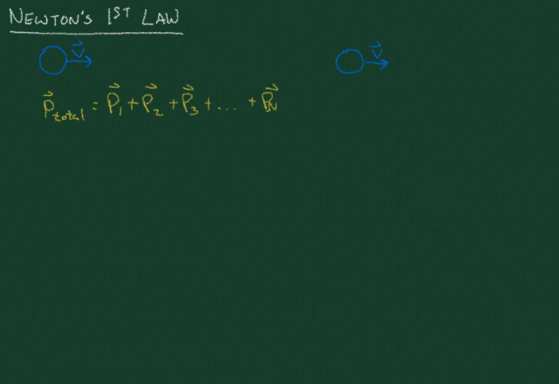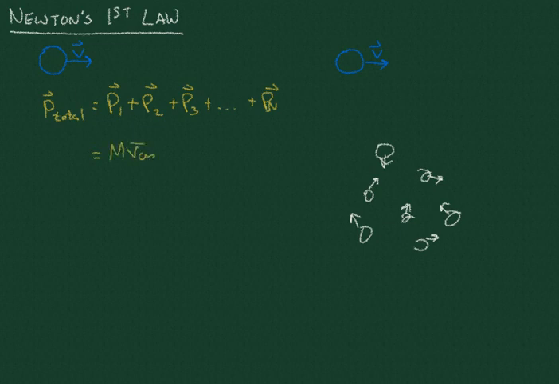And so this would be a large collection of particles where they're all moving and bouncing off each other and doing whatever it is that they're doing for these particular particles. And that's all Newton's first law really tells us. The total momentum is just the sum of the mass of the particles times the velocity of the center of mass. So nothing new here, just kind of recapping what we already know.